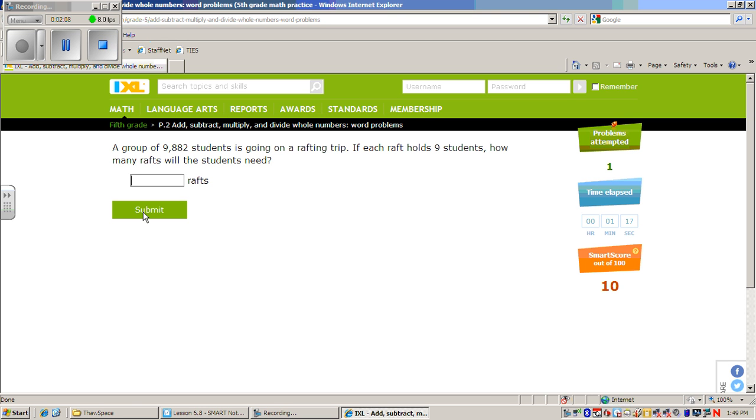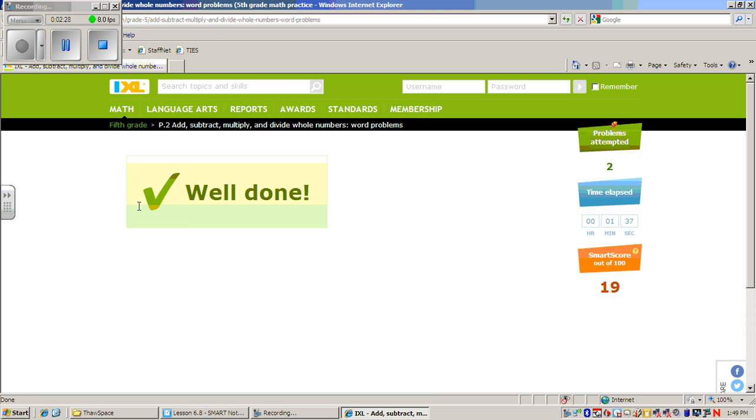Remember, if you were that student waiting for a raft, do you need to round up or down, or does it come out evenly? Well, when I divide 9,882 by 9, I got 1,098 rafts. So let's see how we did there. And again, we got it right.